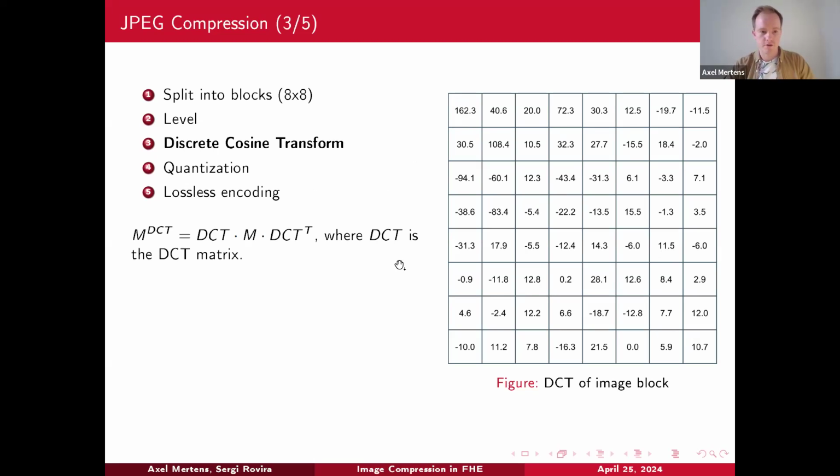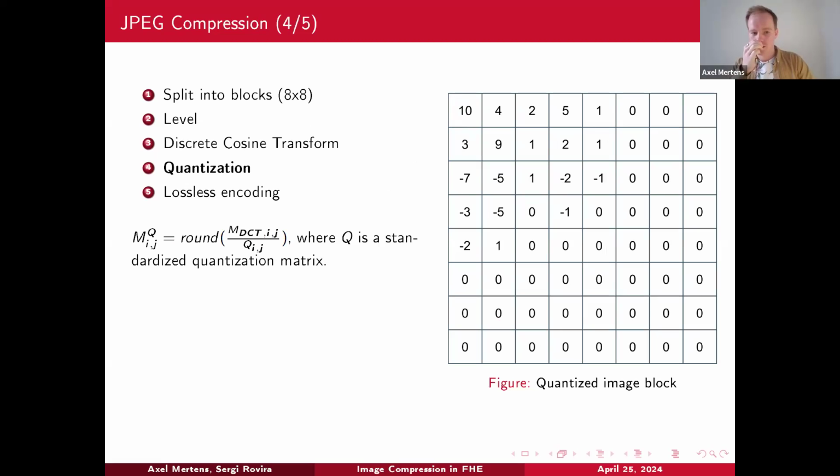The next step is quantization, where we divide every pixel individually by a specific different value. This value is then summarized in a quantization matrix, which is standardized, and there is one good standardized quantization matrix that we find from the literature. So that's the one we use.